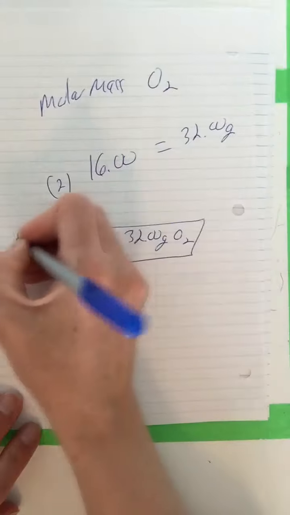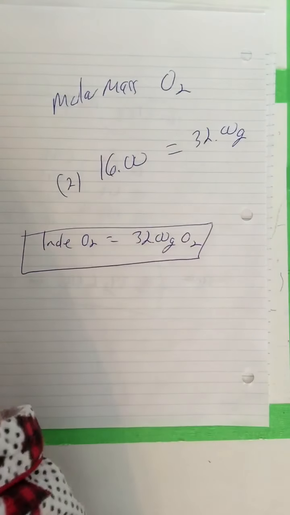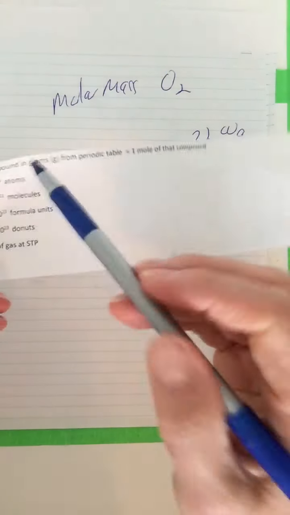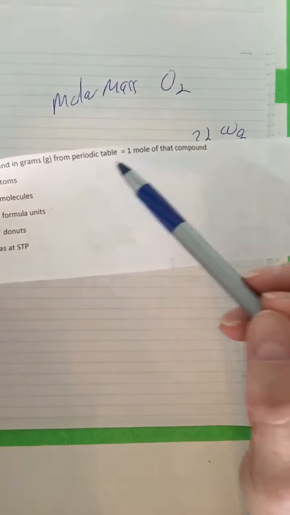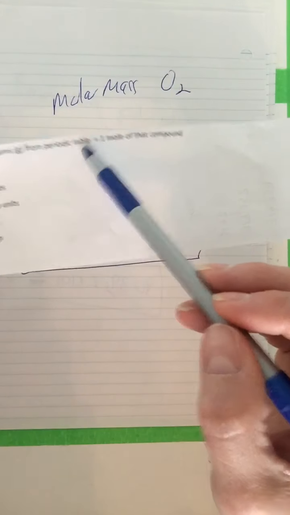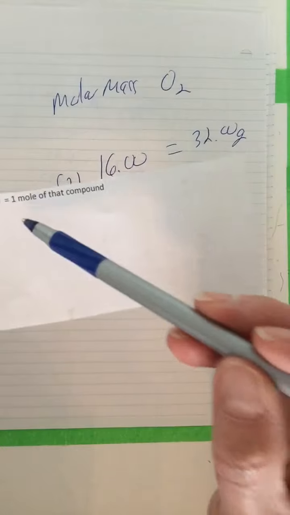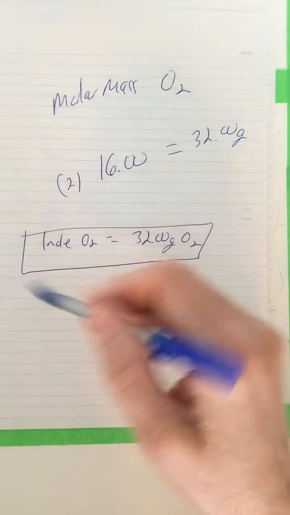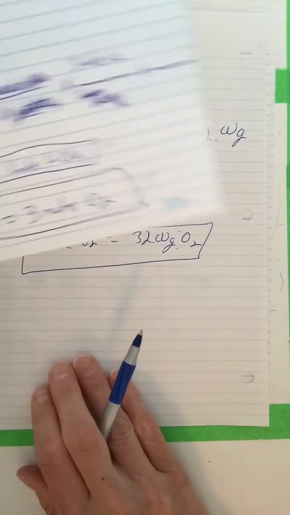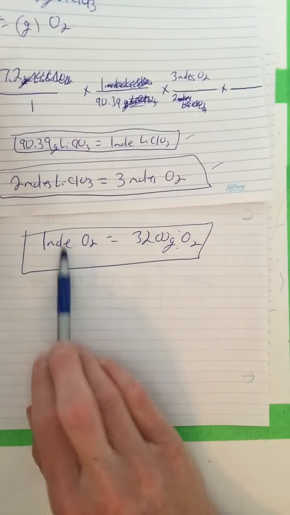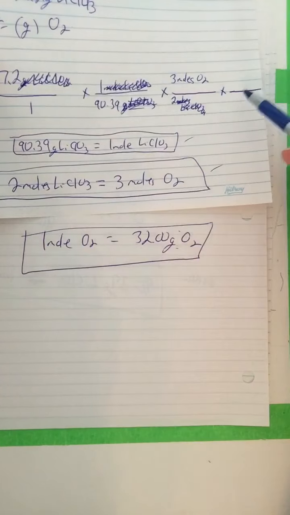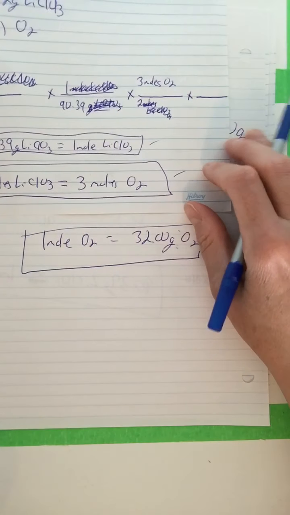That's a conversion factor. This we learned a long time ago. A molar mass of a compound in grams from the periodic table, which we just solved, is equal to 1 mole of that compound. So here's the next conversion factor we get to use. I'm not going to write it on this page because it doesn't really fit. I'll leave it like this if you can see them.